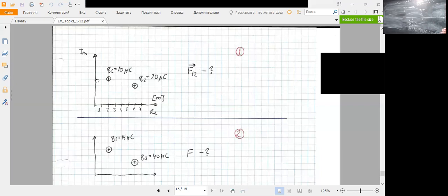R squared is this distance squared. Here is 1, here is 4, so R squared is 1 plus 16, which is 17, multiplied by 0.97 minus 0.24 j.